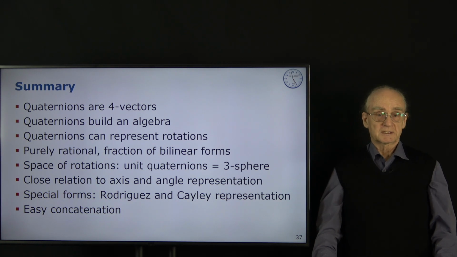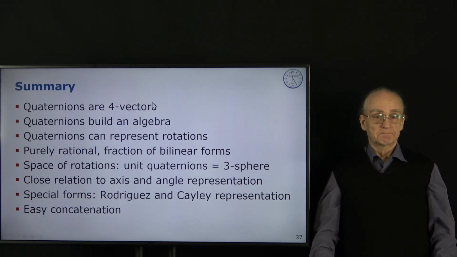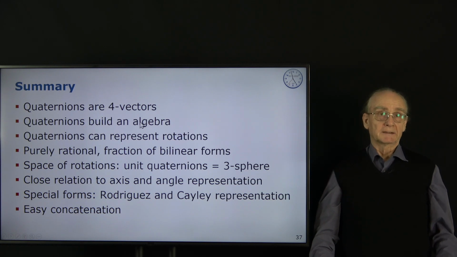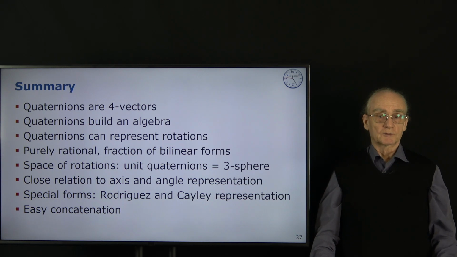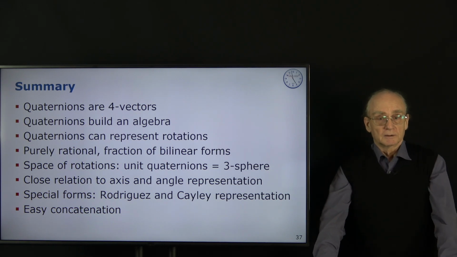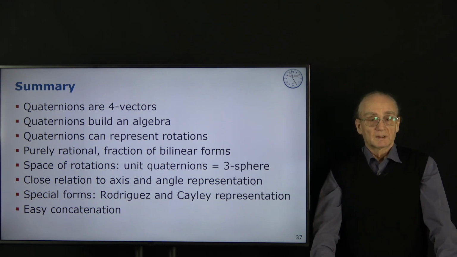So what did we discuss in this lecture? We talked about quaternions. There are 4-vectors. They build an algebra. That means we can add, we can multiply, we can have brackets, we have a distribution law, and we have an inverse element and a unit element. So it's as we know from classical algebra, except that the multiplication is not commutative.